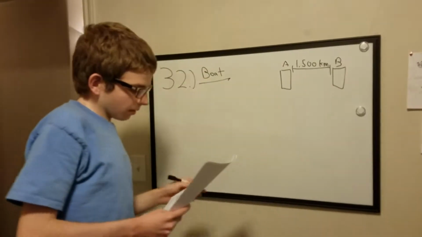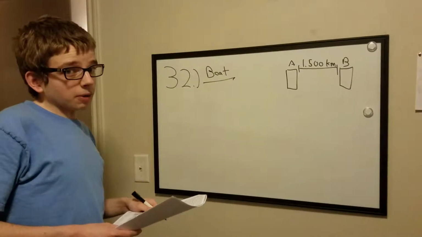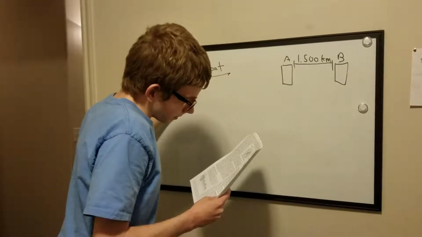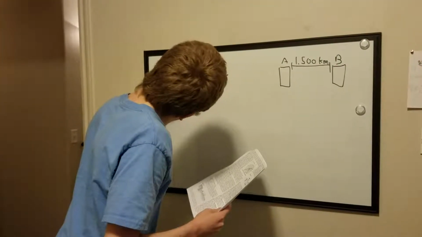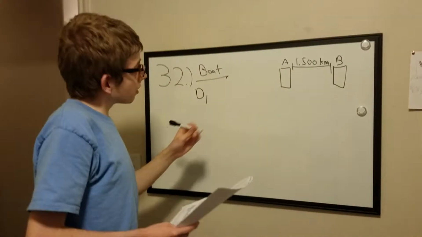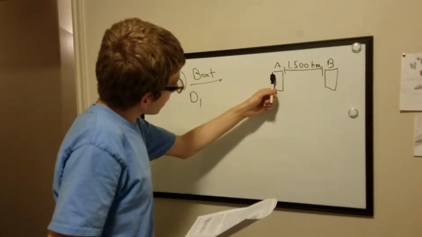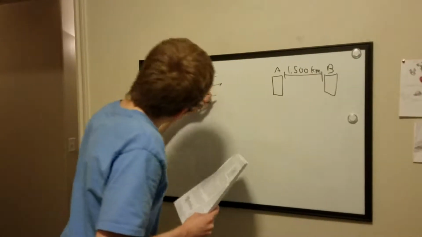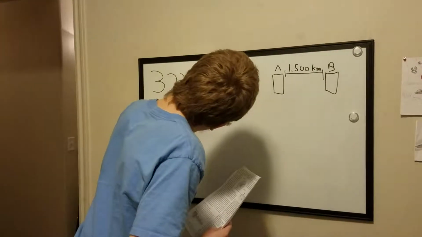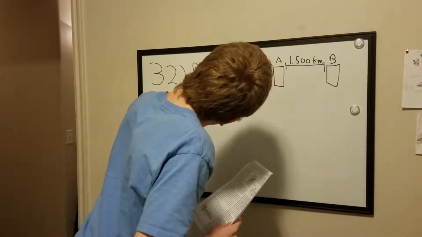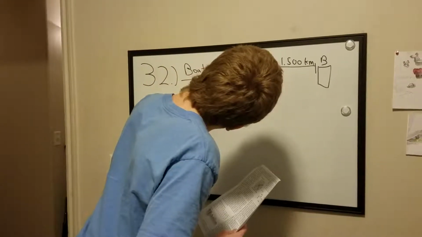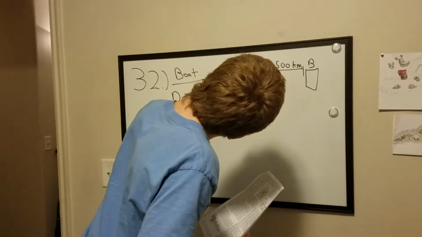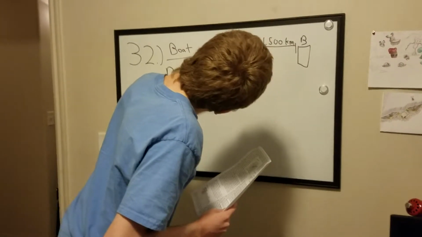And we can find the time for the boat by using one of our kinematic equations. We can use our position equation. So let's find the time it takes the boat to go from A to B. That is, the distance equals 1/2 acceleration times time squared plus the velocity of the boat times time plus the initial position.